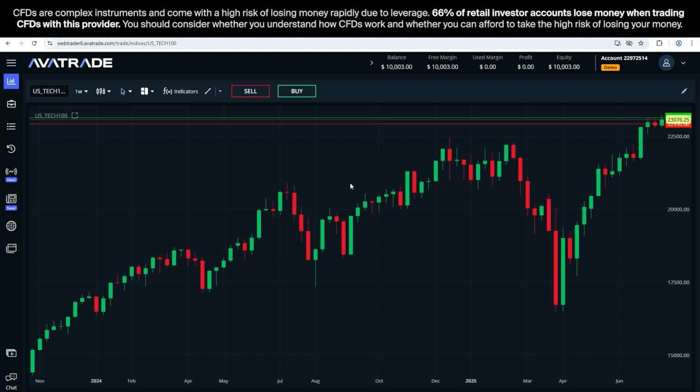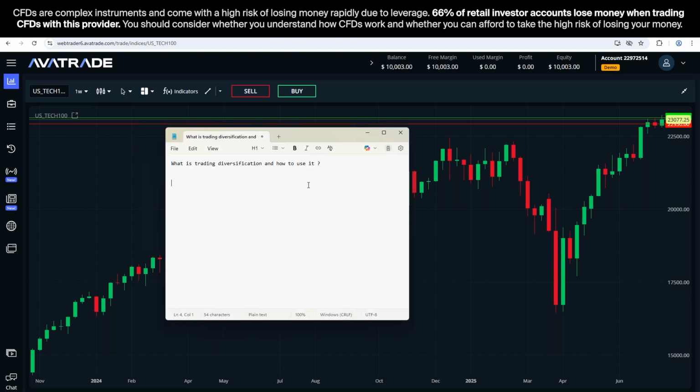Okay, we'll begin with this one, and then we'll have another one, since the logic way to explain diversification is basically analyzing two instruments, basically trading two instruments. It doesn't have to happen simultaneously, but the idea here is that we're not trading only one instrument, but two.